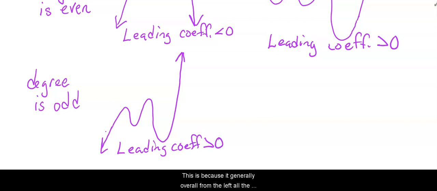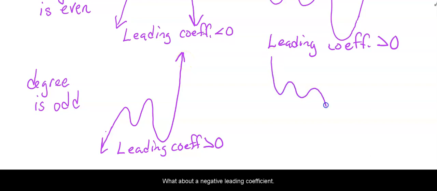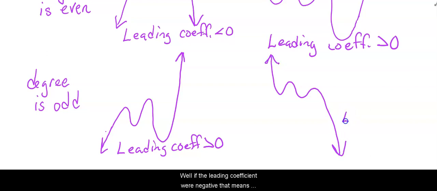This is because it generally, overall, from the left all the way up to the right, it generally goes uphill. If I looked from very far away, I'd say uphill. That means the leading coefficient is positive. What about a negative leading coefficient? Well, if the leading coefficient were negative, that means from far away, it would look like the overall graph is going downhill.